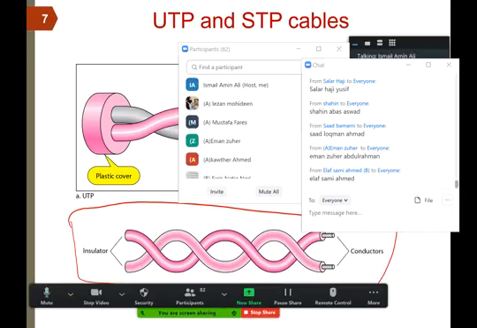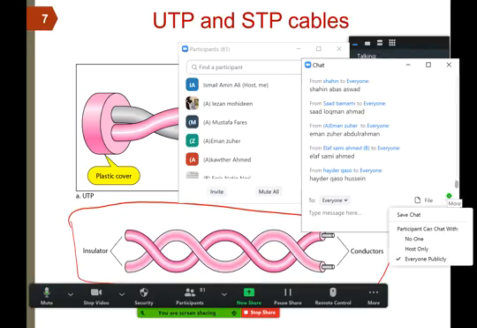So this is a cable. It carries current, okay? Is that right? So if there is current flowing in a cable, what will that current cause? Noise.